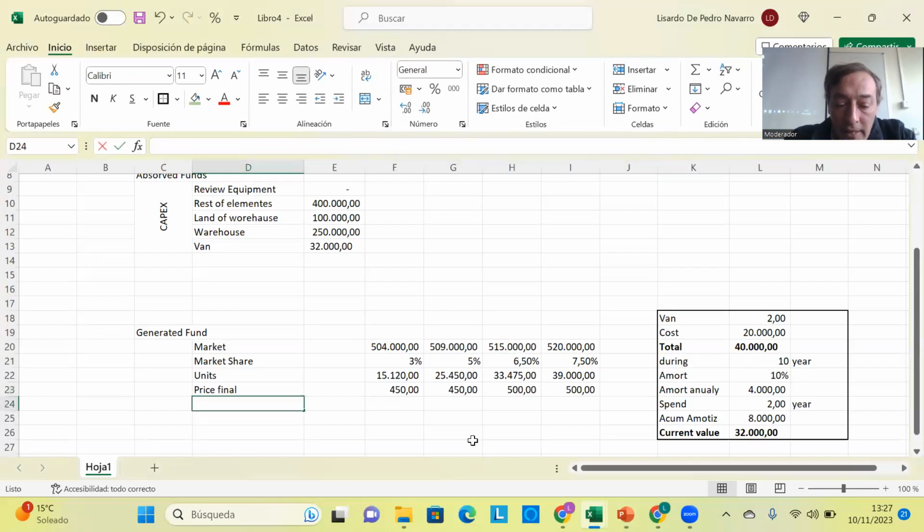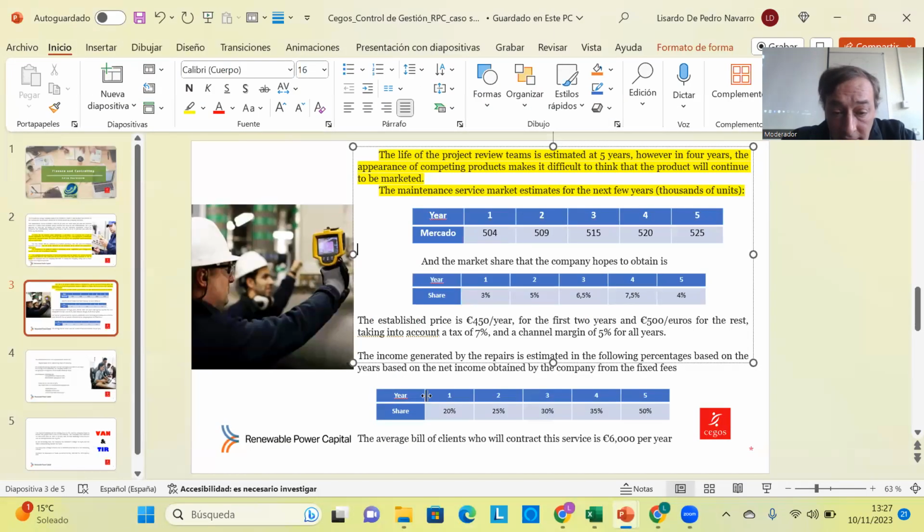So the price without taxes, say that the taxes is 7%.